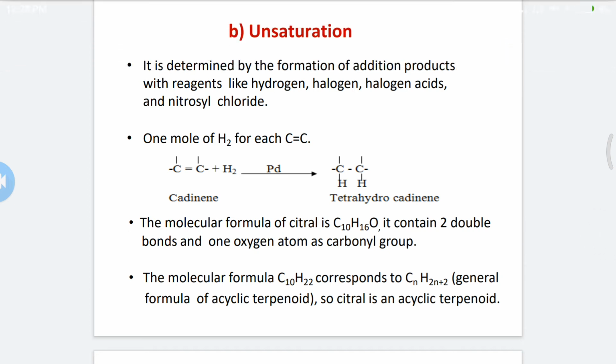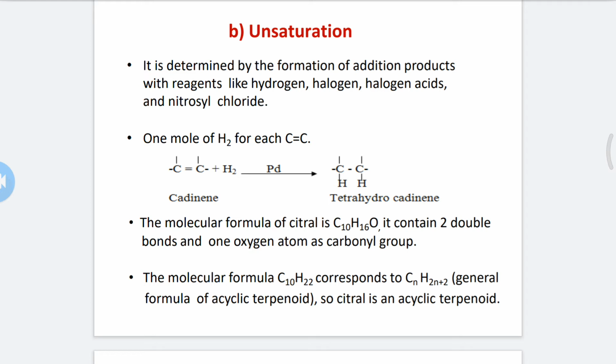Next is unsaturation. This is determined by the formation of addition products with reagents like hydrogen, halogens, halogen acids and nitrosyl chloride.